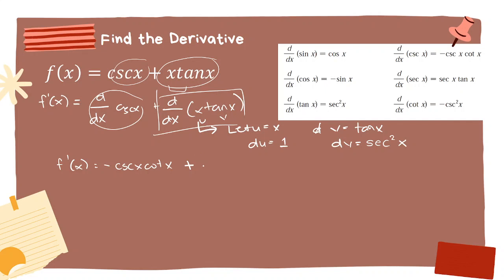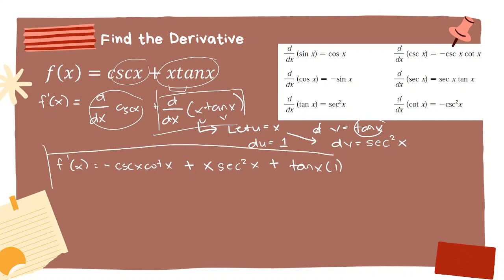Copy lang, uv, x, times derivative ng tan x, times mo lang sa sec squared x, plus, copy lang si v, tan x, times mo sa 1. So, the final answer is, ito na. Okay?